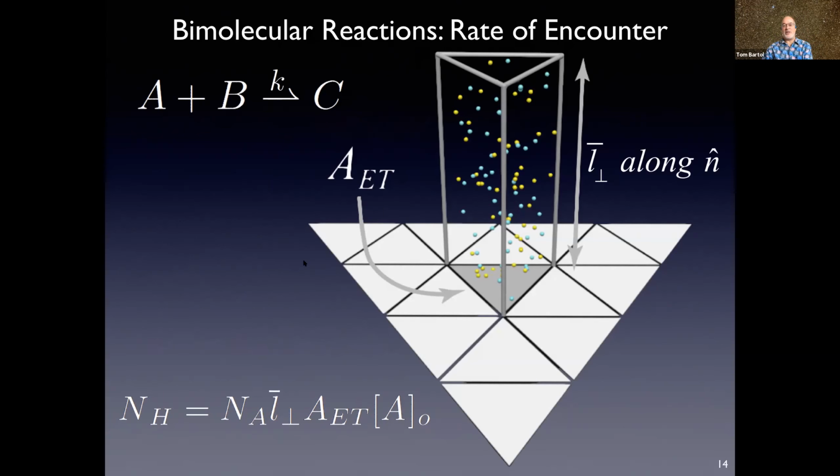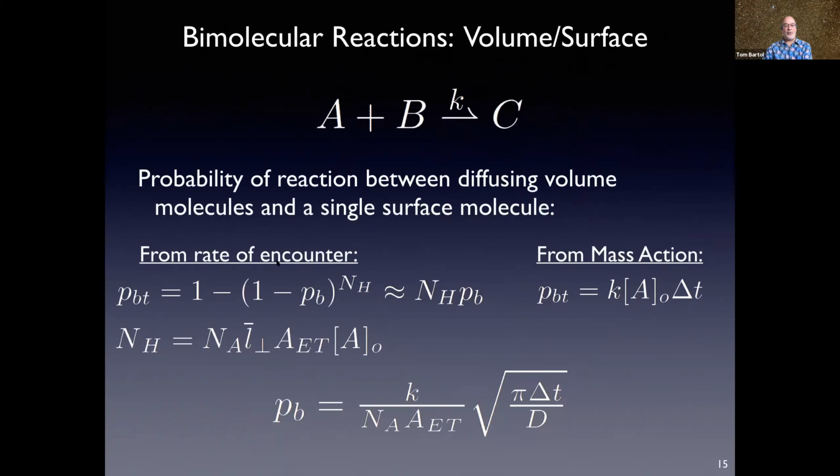What I just described over here, this picture, is a simple diagrammatic way of computing what was derived by Albert Einstein and Marian Smoluchowski back in the early 1900s to get what's called the rate of encounter, or the number of hits. Okay, so from the rate of encounter, we can calculate the probability of our B molecule being bound by the collection of A molecules colliding with it, this way.